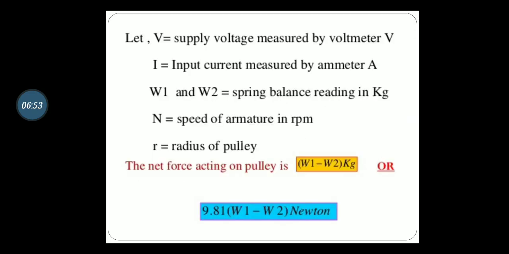Then the net force acting on the pulley is the difference between the weights, that is W1 minus W2. This is in terms of kg, and this can be converted into Newton by multiplying by the gravitational constant, that is 9.81.